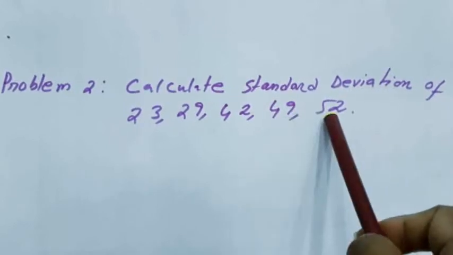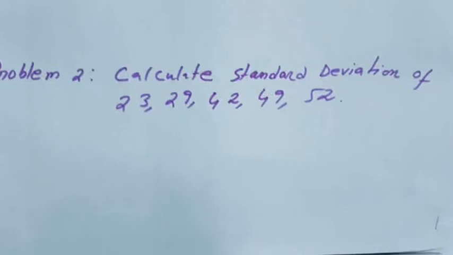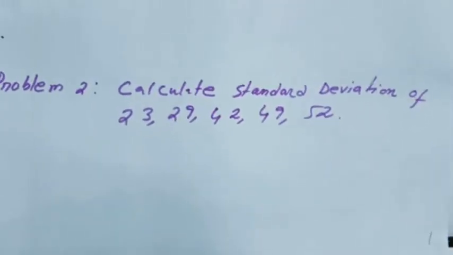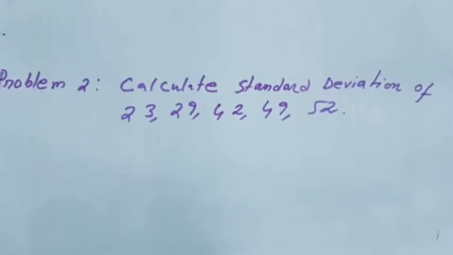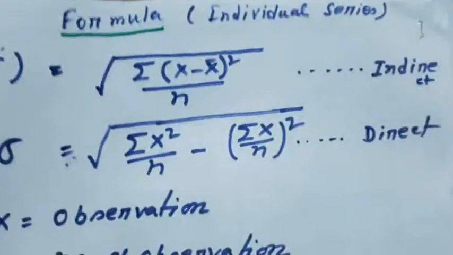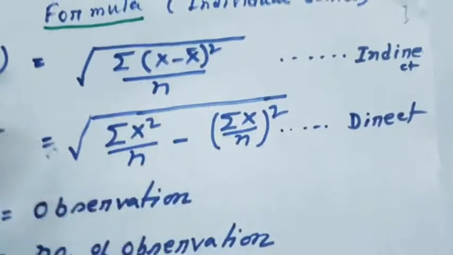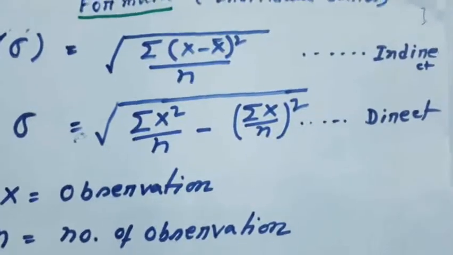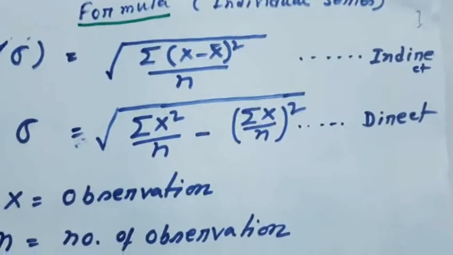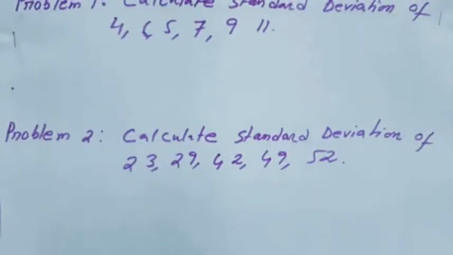So in this case we will use the indirect method, that is this formula. We will use this formula, root over summation x minus x bar whole square by n.